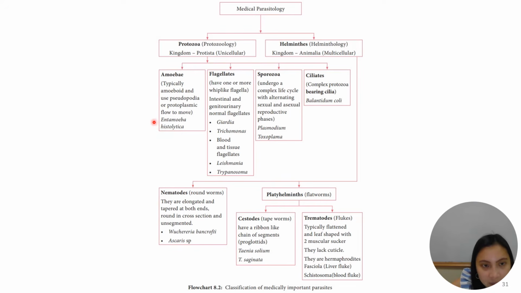So the generic name is capitalized and the specific name is small letter. So that's Entamoeba histolytica. If printed, that's italicized. So these are examples of the nomenclature. So make sure that in the practical examination, when you're asked to write the name of the parasite, this must be followed. The first letter of the generic name is capitalized, and the specific name is in small letters, all of it.